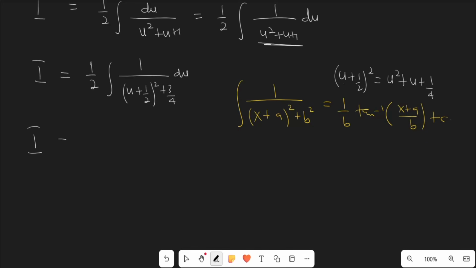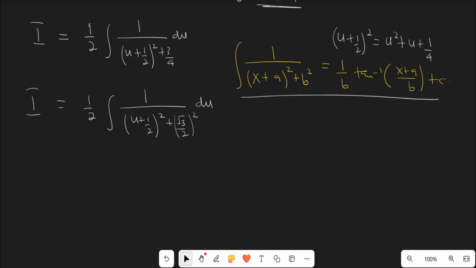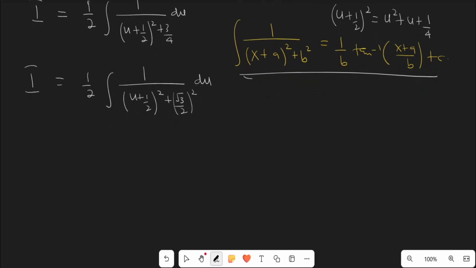So I here is going to be 1/2 the integral of 1 all over u plus 1/2 all squared plus 3 over 4 can be written as the square root of 3 over 2 all squared du. And now we can compare this one to the arctan integral. So now let's solve this integral using this one.